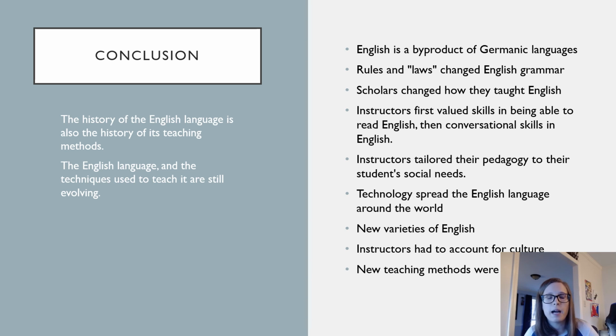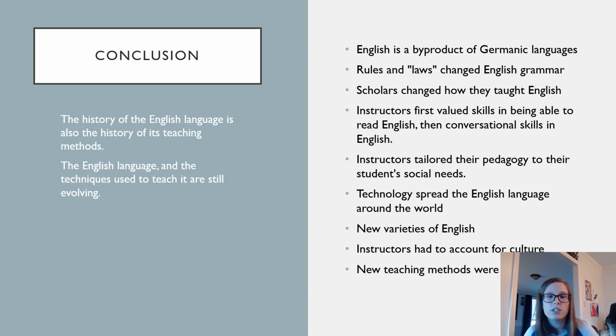English started as a byproduct of other languages coming together, just as scholars and linguists came together and formed the first of many rules and systematic laws of how to learn English. English became more simplified as various influences took hold within the language, just as instructors simplified their pedagogy to better aid their students.